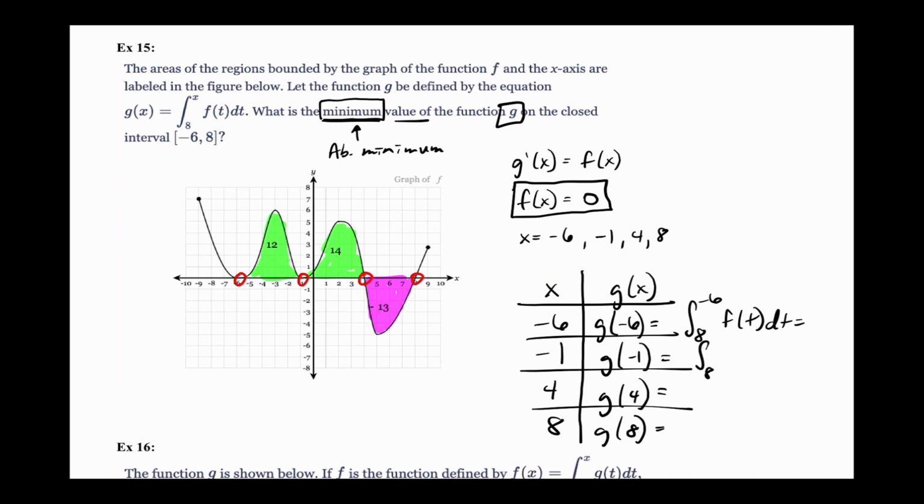This one's going to be from 8 to -1 f of t. This one's going to be from 8 to 4 f of t. And this one's going to be from 8 to 8 f of t. Whichever of those gives you the smallest number, you got a winner.